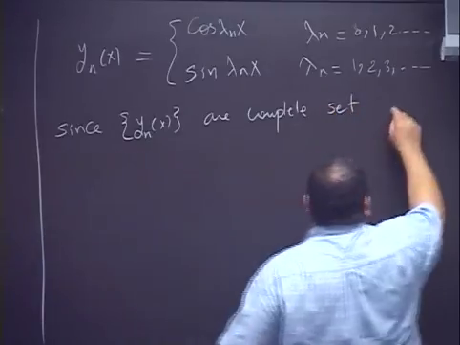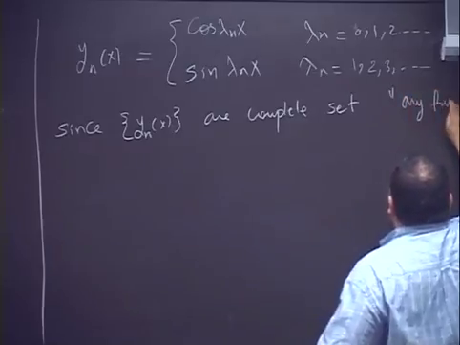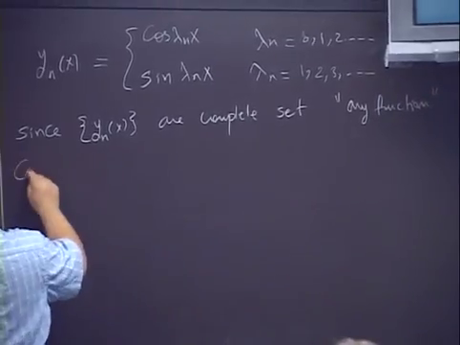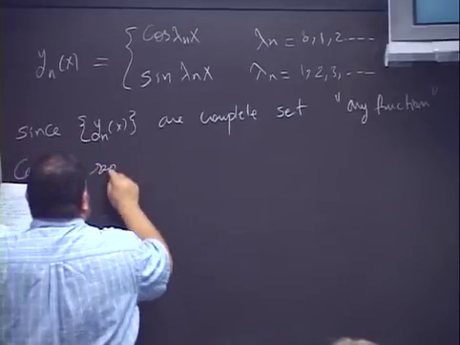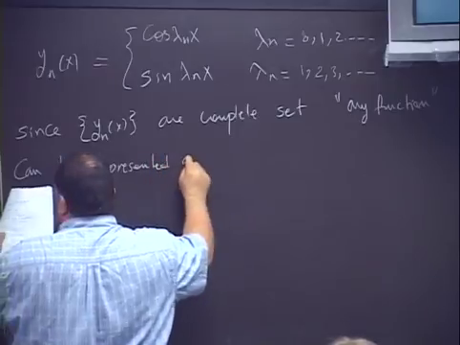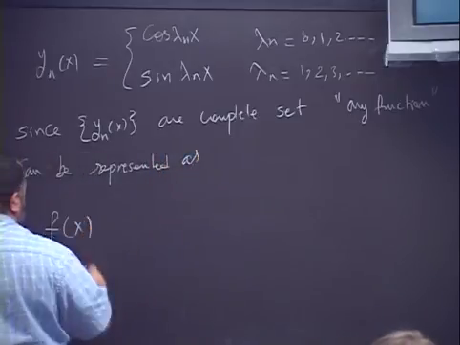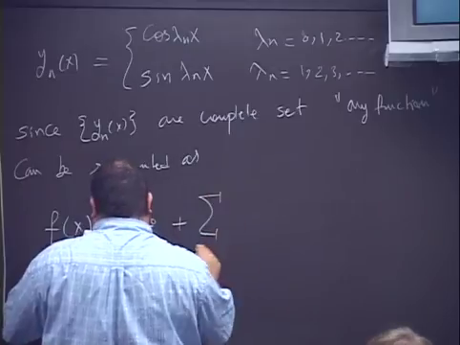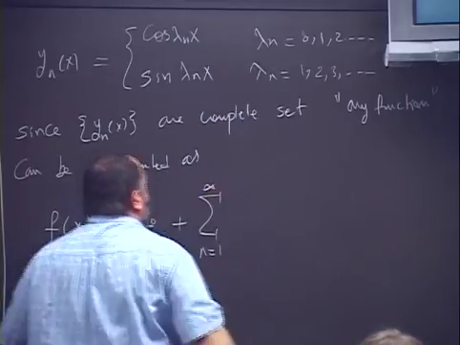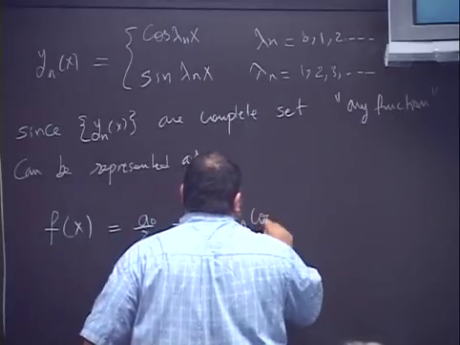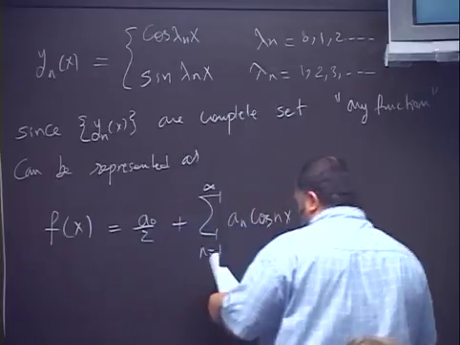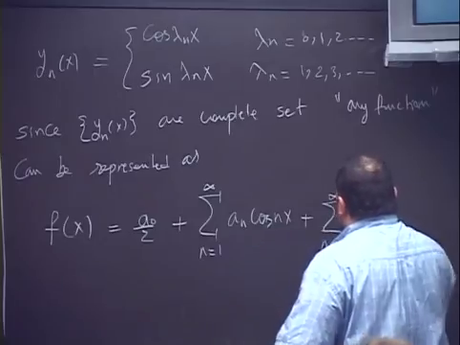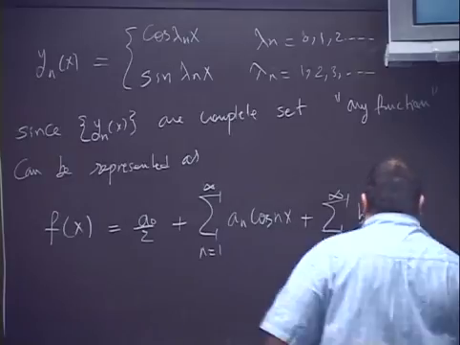any function, for example f of x, can be represented as a_0 over 2 plus the summation from n equal 1 to infinity of a_n cosine nx, plus the summation from n equal 1 to infinity of b_n sine nx.